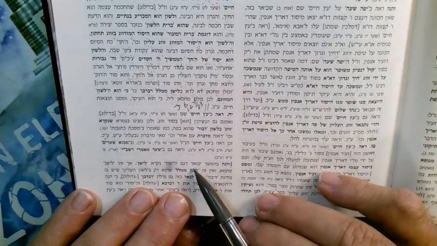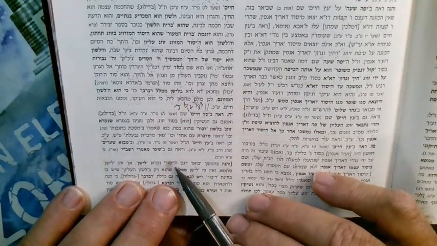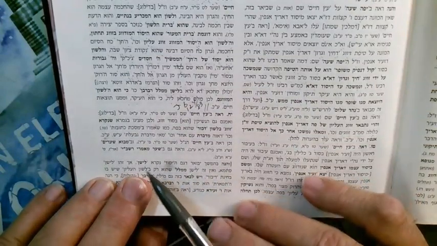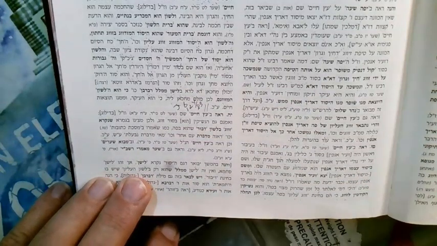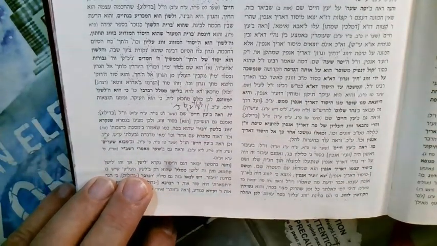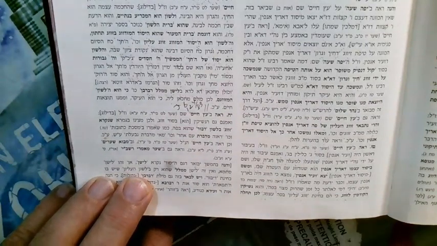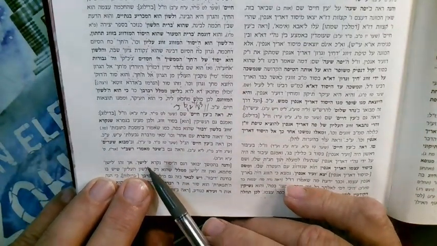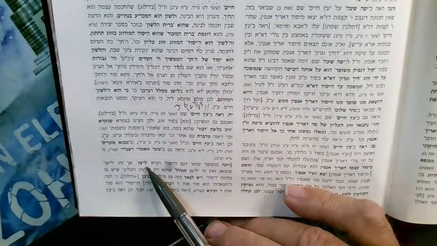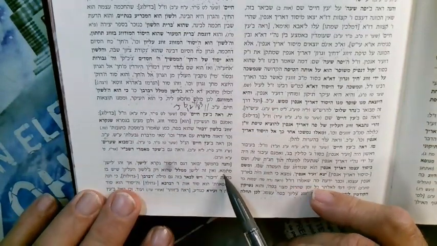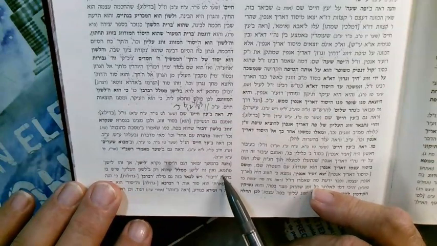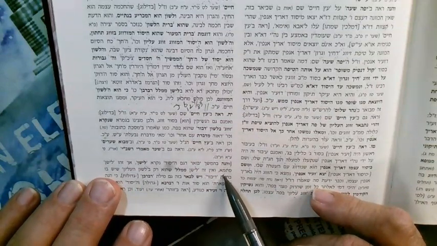So now, this was a little bit of the confusion that we saw yesterday, that sometimes it's called Yesod and sometimes it's called tongue, or it's called Das. So this is just the word lishon, just by itself, I guess.